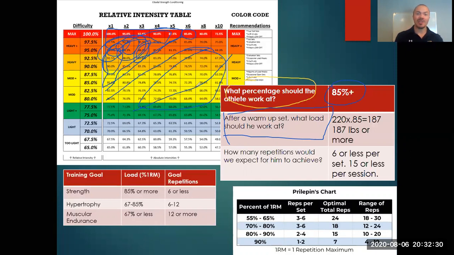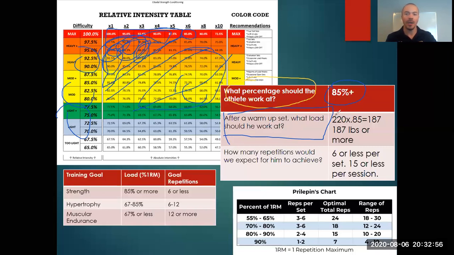It's pretty reasonable that you would hit some warm-up sets along the way. So you're going to hit some light sets into some moderate sets before you start going heavy, right? So you want to be nice to your lifters. You want to reduce injuries, and also know that a proper warm-up is going to boost performance as well as reduce injuries.